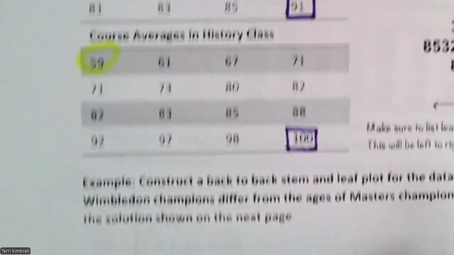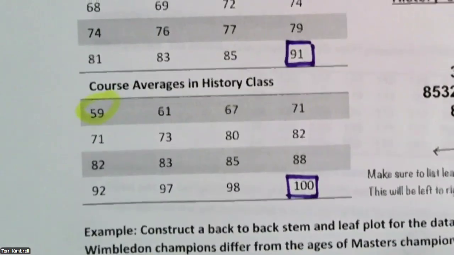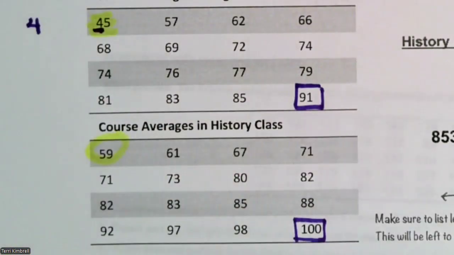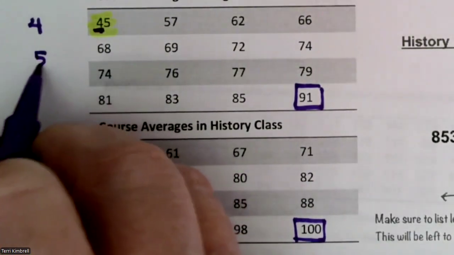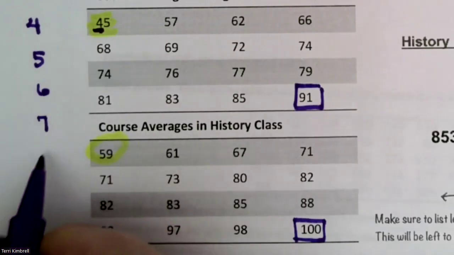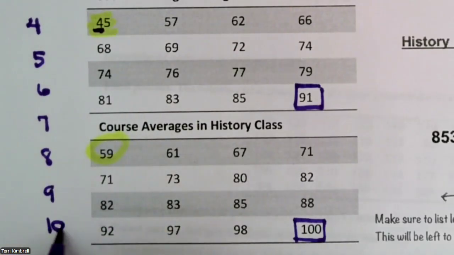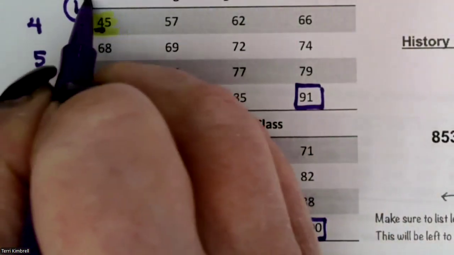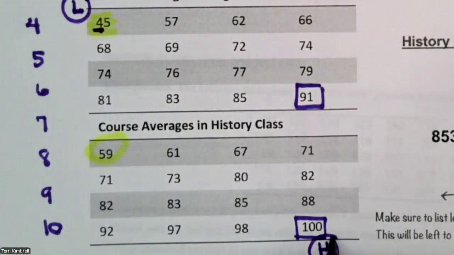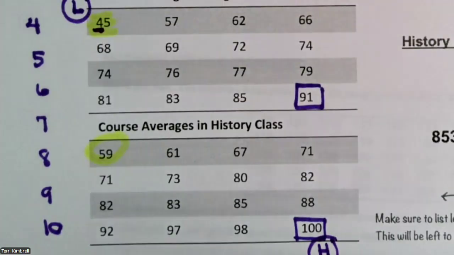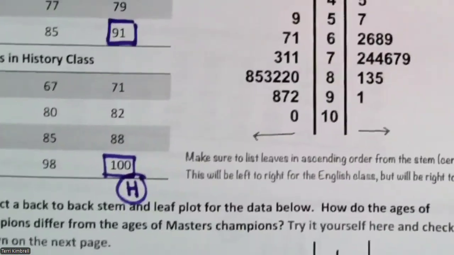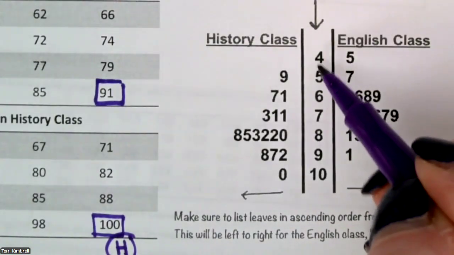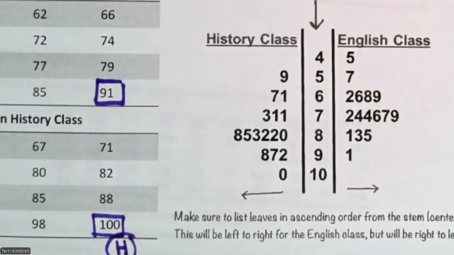So what this means is, since we're sharing the stems, we have to start the stem at 4 and we have to continue and go all the way to 10. So we're starting at the low and going all the way to the high. Okay, so the stems are going to go in the middle. So that's where I have here 4 through 10.